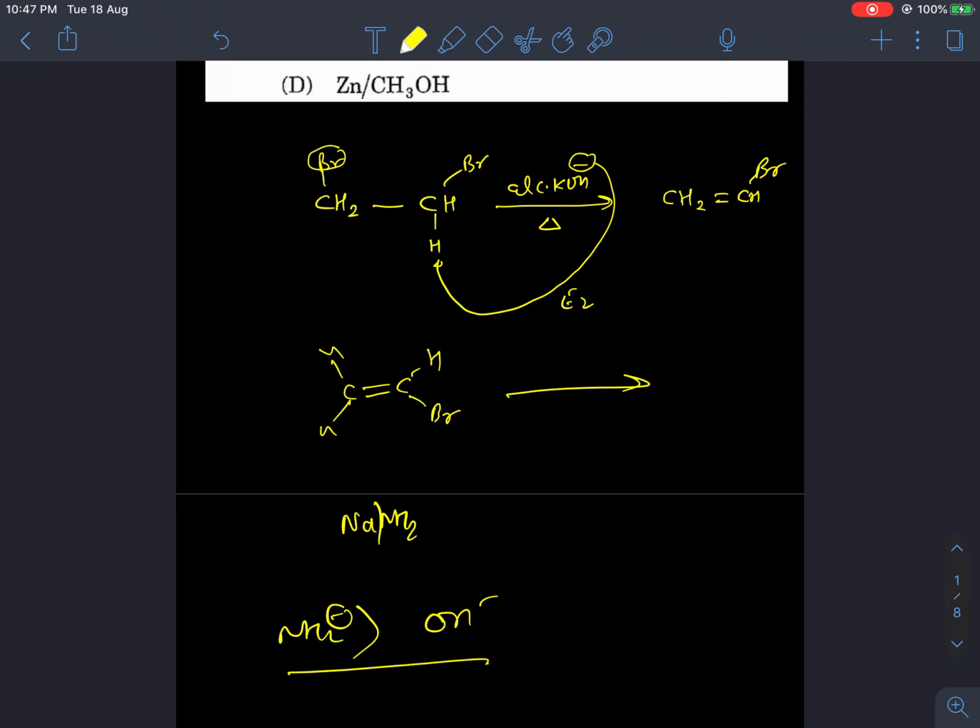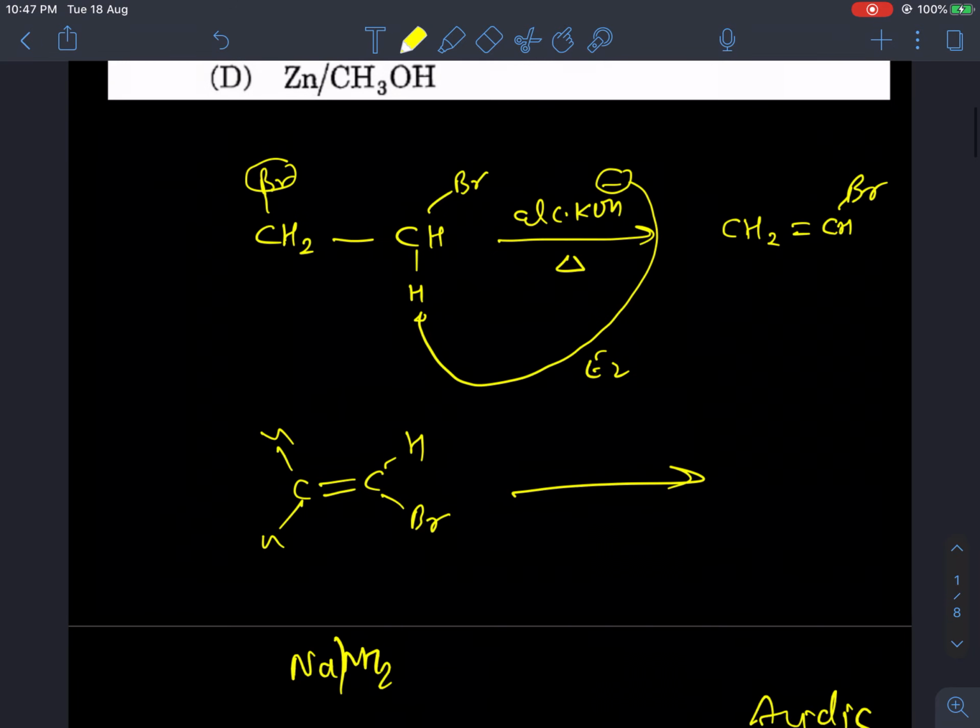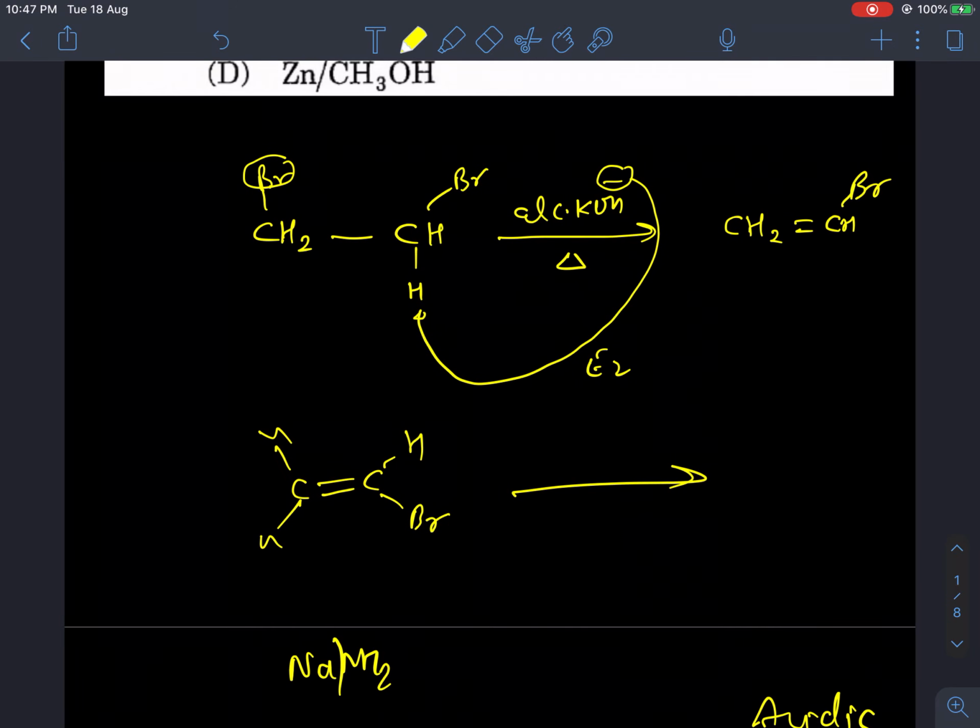Otherwise you can compare the acidic strength: H2O is more acidic, so the basic order will be the reverse of this. So NH2 minus is more basic. The second base you have to take is NaNH2, and just like the previous E2, it will attack on the hydrogen, and simultaneously this bond will be weakened, so we will get HC triple bond CH.